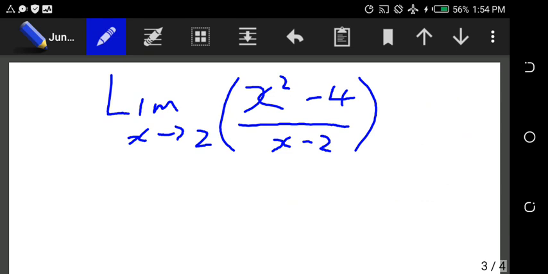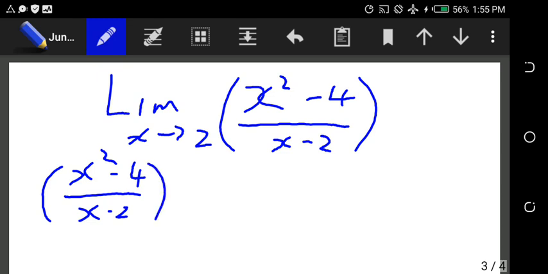Now when you take this particular one in brackets, x squared minus 4 over x minus 2, when you take that apart, you can see that in your x squared minus 4, what you have there is what we know as difference of two squares. Remember that? That's one of the conditions for difference of two squares.